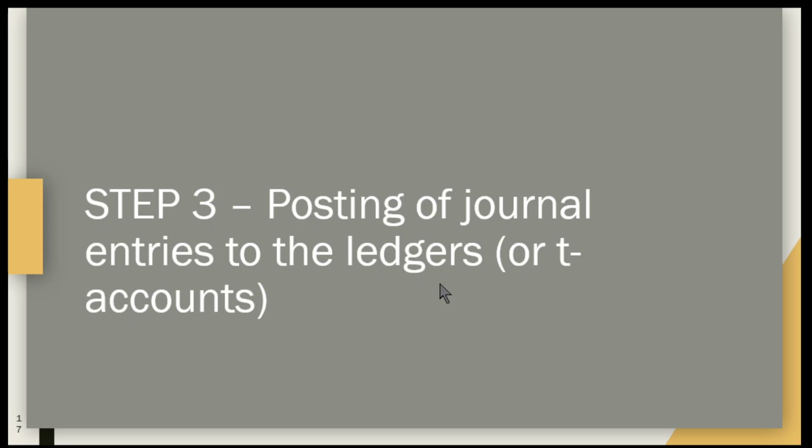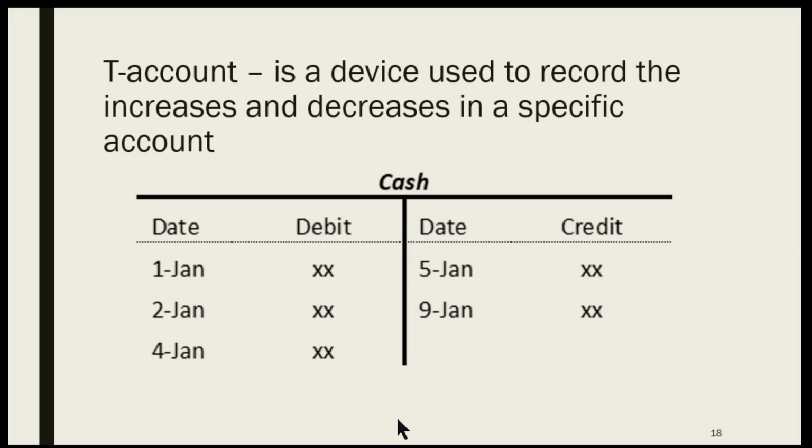You classify them into one T account or ledger account. It is called a T account because it looks like a T. Actually, the ledger also looks like this, but it has more specification, and it's like the journal notebook, which has several columns. But this one is a simplified one to assist us in the classification of accounts.